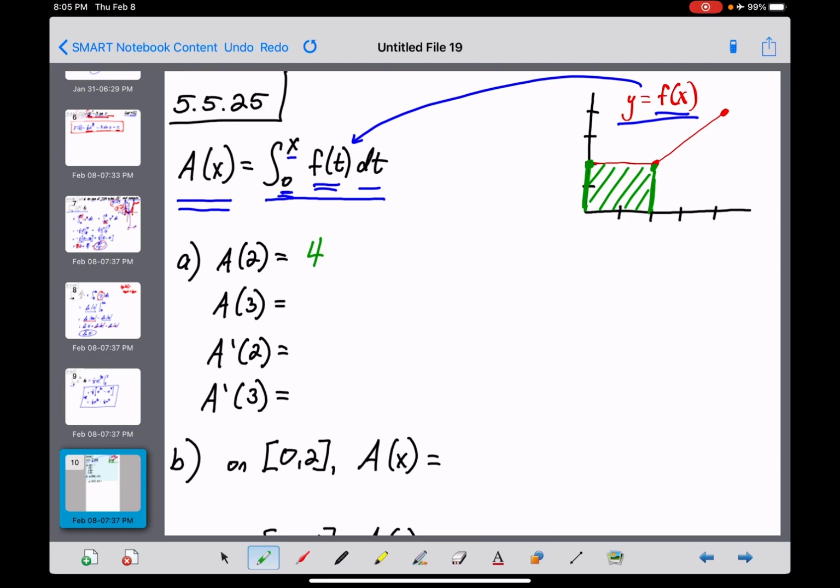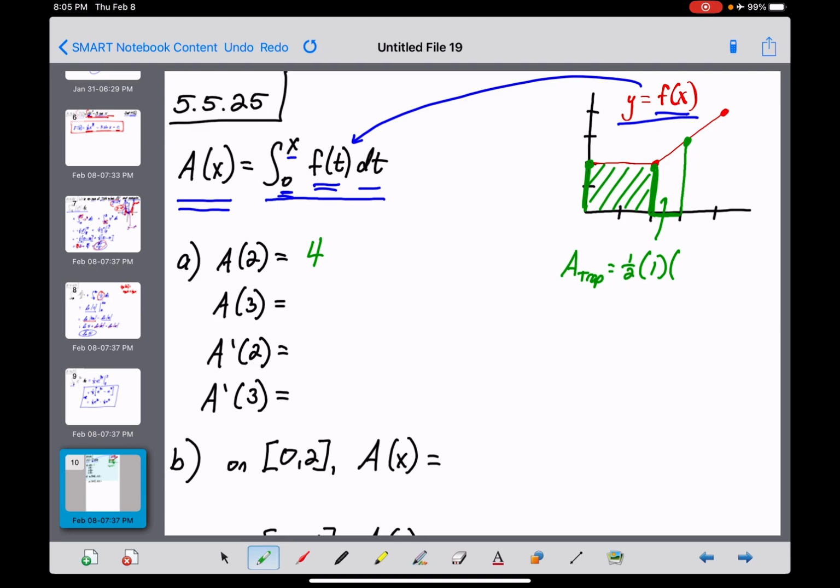Now for A of 3, we're not losing any of the area that we started. We're just going a little bit further, and we now have a trapezoid here that we need to add to the area of that rectangle. So let me just draw a little arrow right there, guys. The area of a trapezoid is always going to be 1/2 times its height, which in this case is horizontal right here. That'd be a height of 1, and then the sum of its bases.